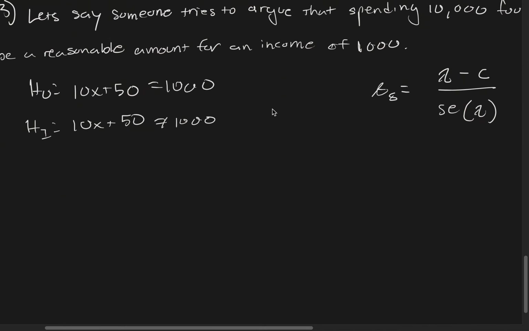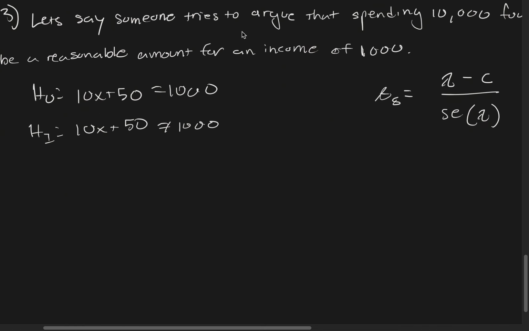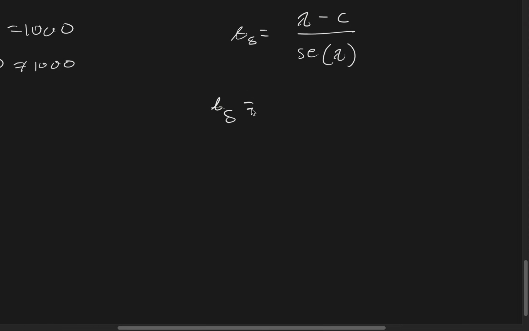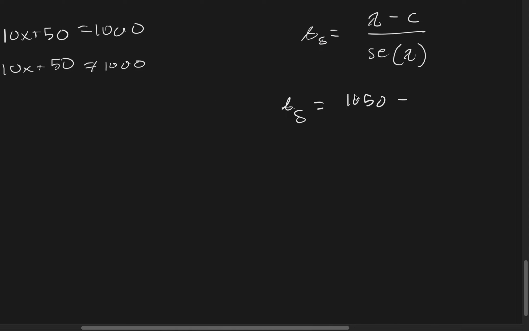So using the same example of our income at 100, we can utilize the t-statistic formula given right here, plug our specific example in of our lambda equal to 1,050.